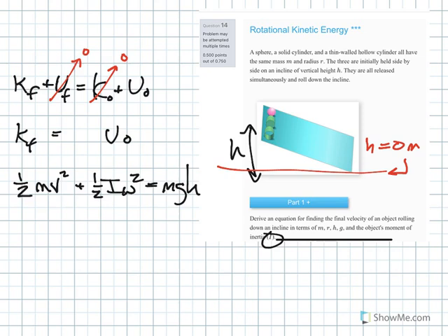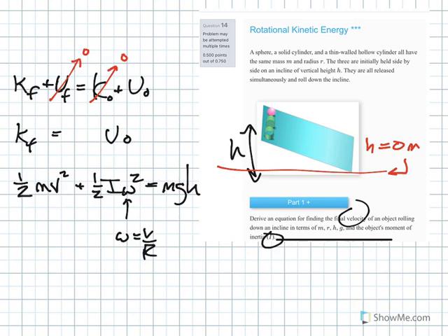What we want to do here then is look for V final. So let's do this also. Again, let's realize here that this omega is V over R, right? So that means that we can replace that omega with V over R, and that gives us V squared over R squared, right?